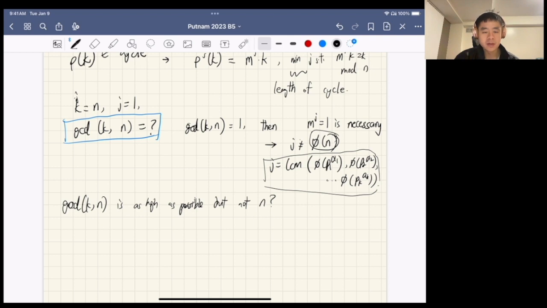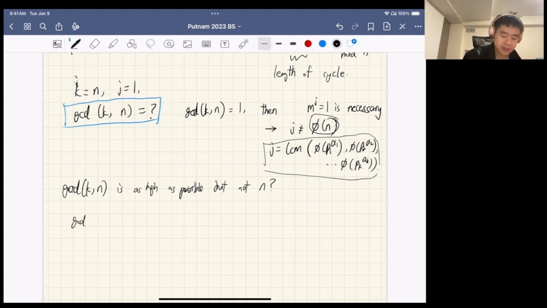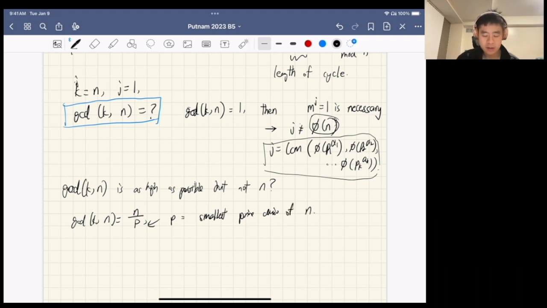Okay, so how does this work? Well, this means that GCD(k, n) is n over p, and this p is the smallest prime divisor of n. So it just is.